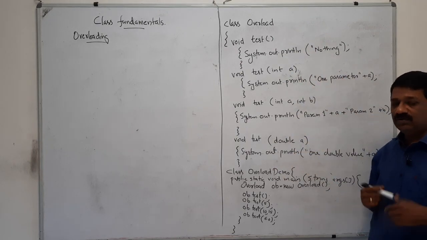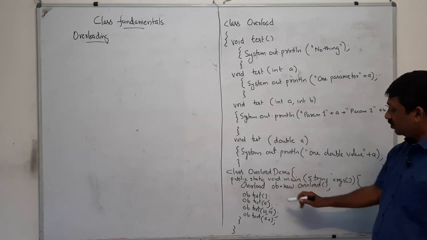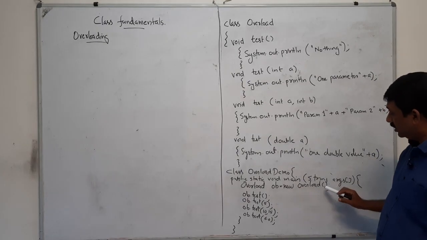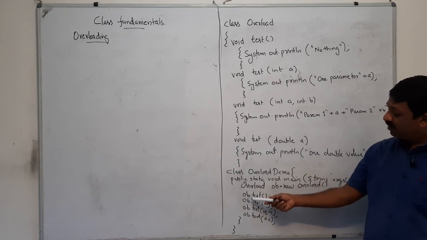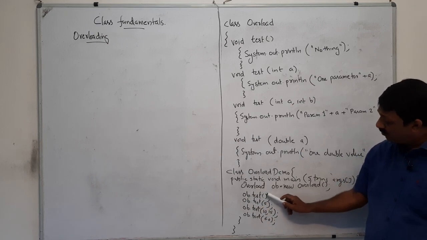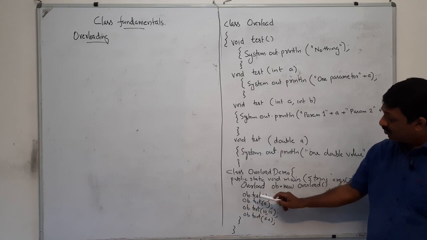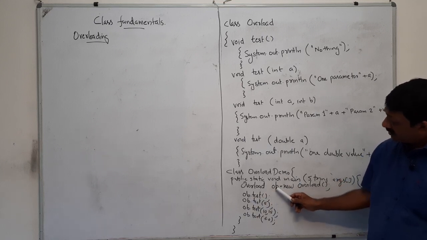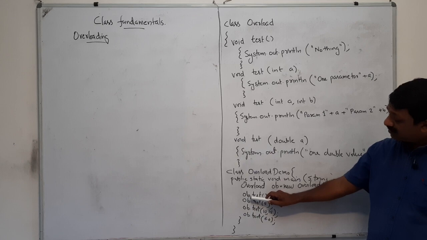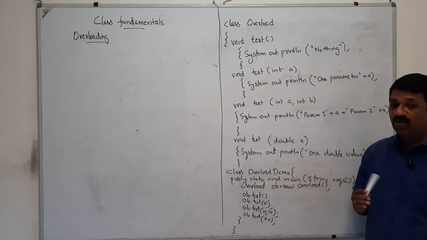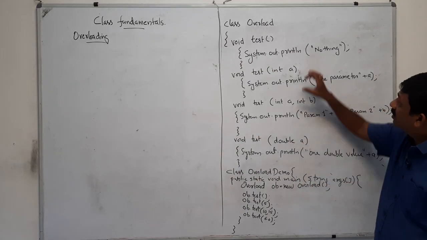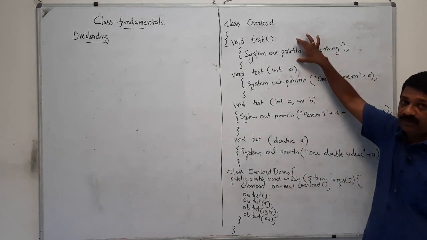Now I am going to call the first function, ob.test, with no parameters. Here I have created an object, and the method test is called with no parameters. Then this function will be executed.